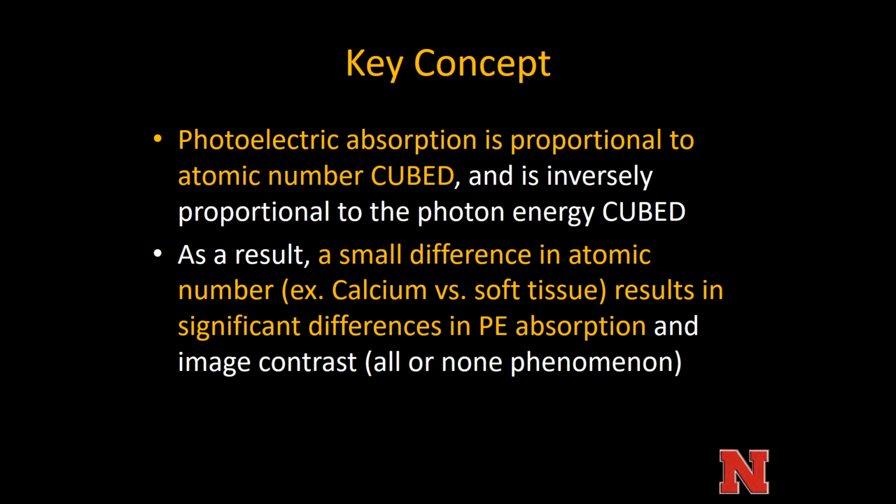As a result, a small difference in atomic number, like calcium versus soft tissue in mammography, can result in a significant difference in photoelectric photon absorption. And this inherently creates tissue contrast, because the differing number of photons or X-rays that are absorbed create the contrast that our eyes see in the eventual picture. This is essentially an all or none phenomenon with the photoelectric effect, which creates inherent tissue contrast.